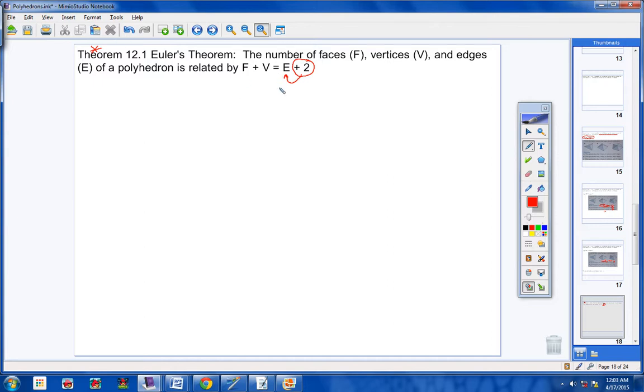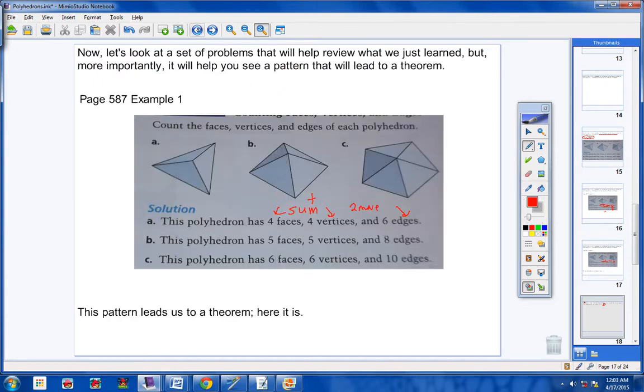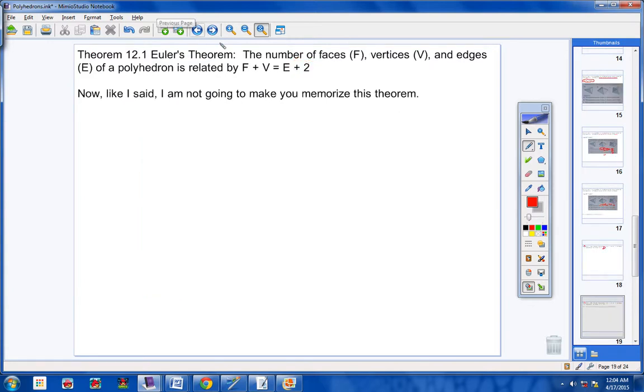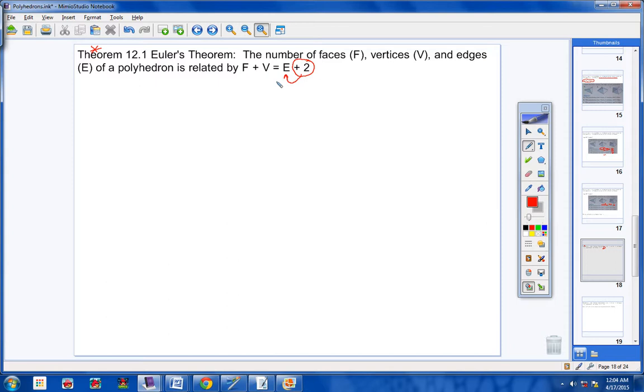This formula says the exact same thing that I showed you 2 pages ago, where I said to you, the sum of the faces and vertices is 2 more than the edges, okay? So because it's 2 more, we have to add 2 to the edges. So if you have 5 faces and you have 5 vertices, then you would have 8 edges, 2 less.